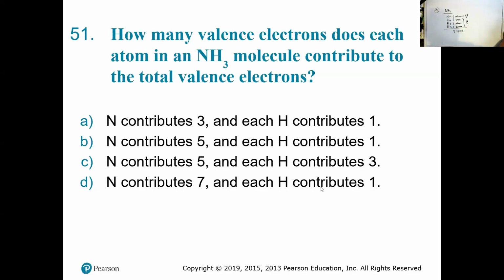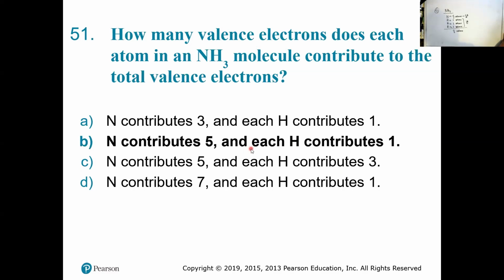Let's go back up to the slide just so we can look at what they're saying here. So we know that it's definitely going to be between choices B and C because nitrogen is contributing 5 valence electrons, which is correct. But here we have to read this part. Each hydrogen contributes 1. That's the correct answer. It's not that each hydrogen contributes 3. There's a total of 3 when all the hydrogens are considered, but each hydrogen is going to contribute 1 valence electron. Okay.